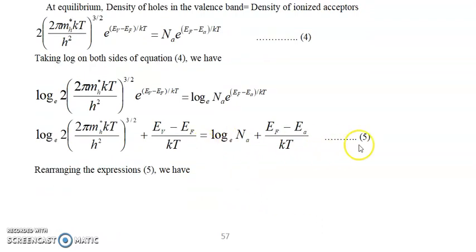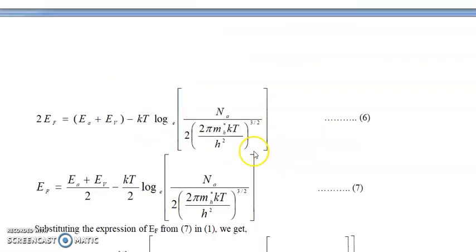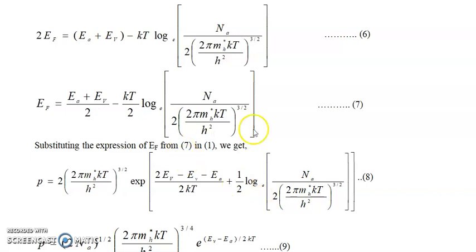Now we simplify this equation 5 and get the expression for Ef: 2Ef = Ea + Ev − kT log[Na/(2(2π mh* kT/h²)^(3/2))]. We bring the 2 into the denominator to get the Ef value.